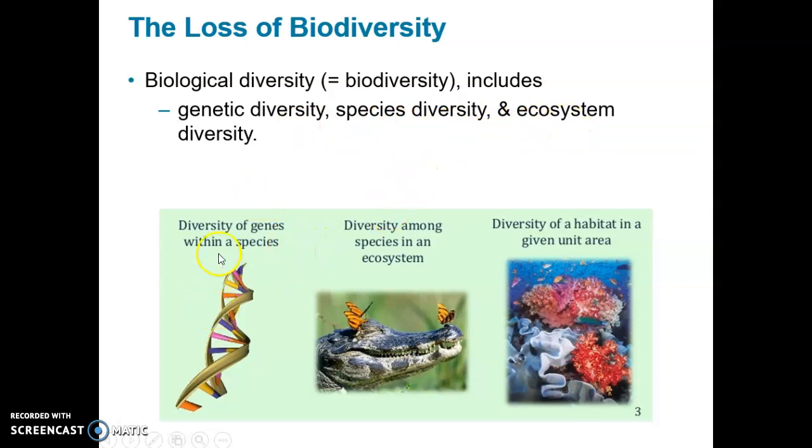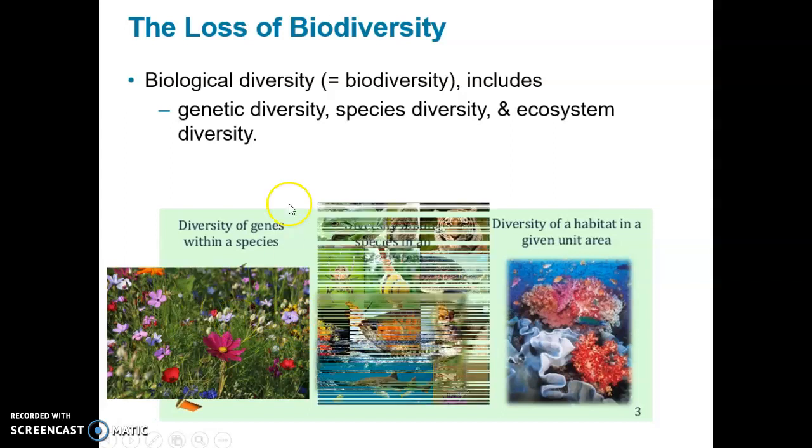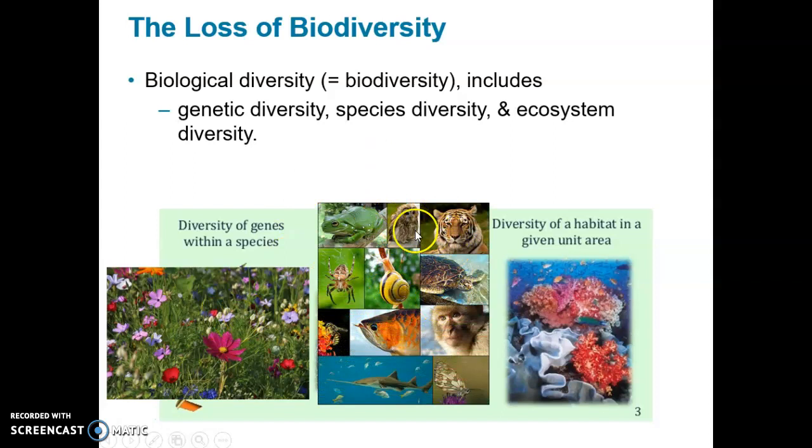So genetic diversity is a diversity of genes or alleles within a species. So that's why different colors occur in plants. If you remember way back when we talked about Mendel's peas and some of the genes or alleles that conferred certain characteristics to those plants. Species diversity, that's pretty straightforward.